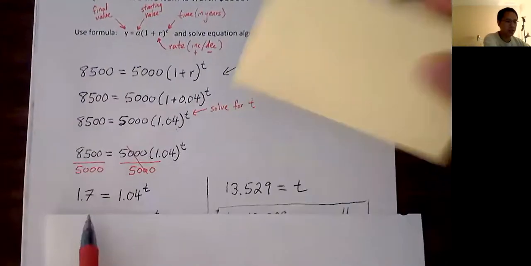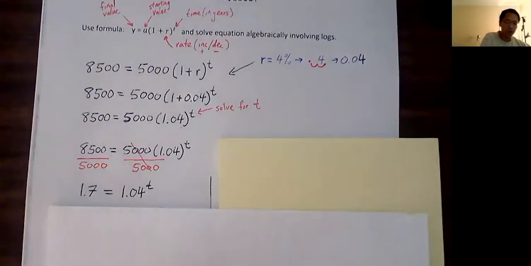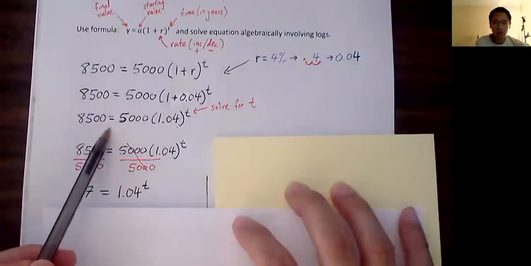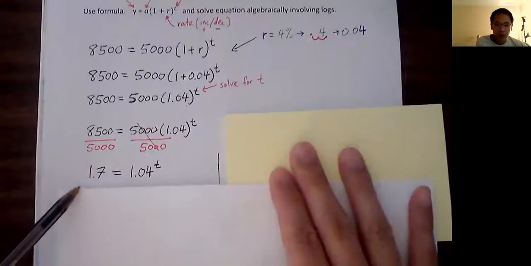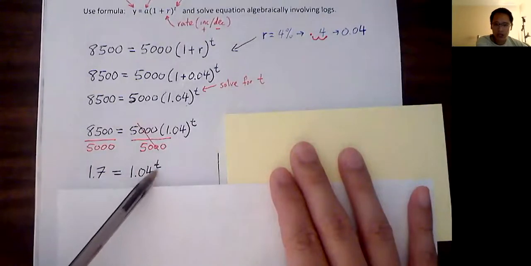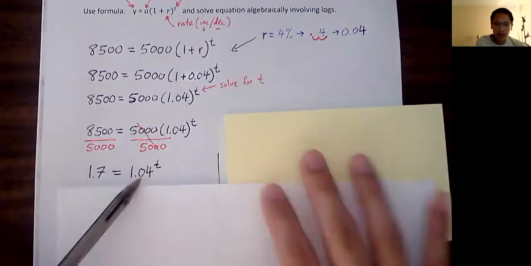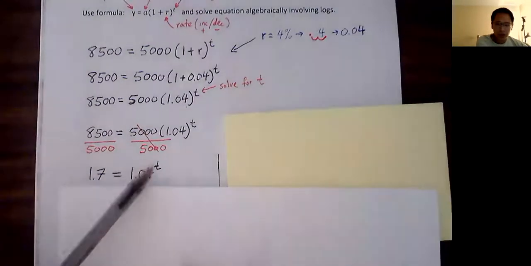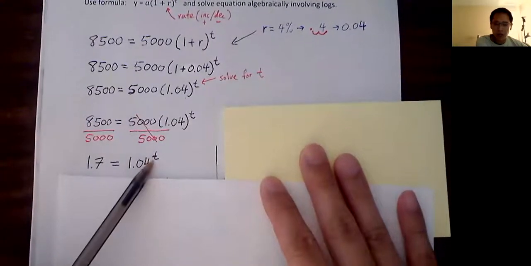So now the next step is, we do have our equation a little bit cleaner now, but we still keep in mind that we still haven't solved for t, right? This t variable is still not solved for, but it's in a location that is difficult to work with.